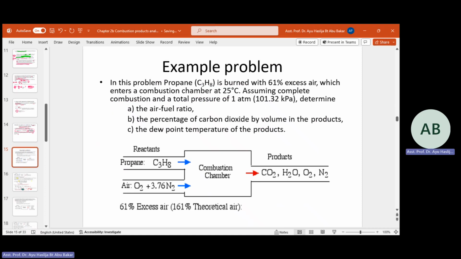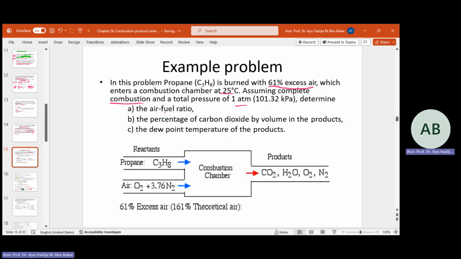If we go through this example, in this problem, propane C3H8 is burned with 61% of excess air. Okay, enter combustion chamber at 25 degrees C. Assuming complete combustion, a total pressure of 1 atm, then it asks you to determine the air-fuel ratio.